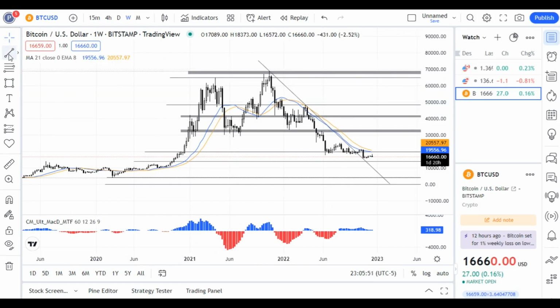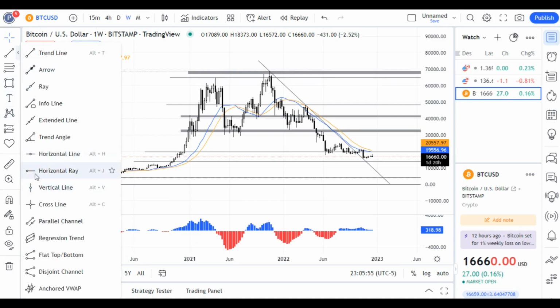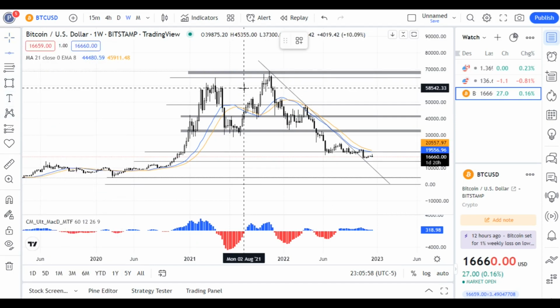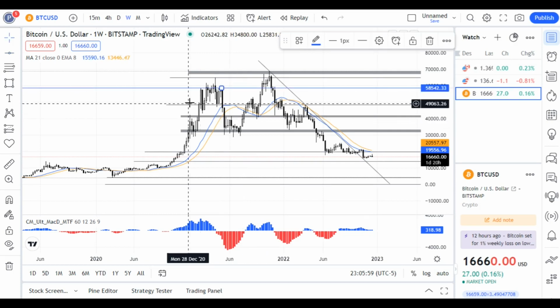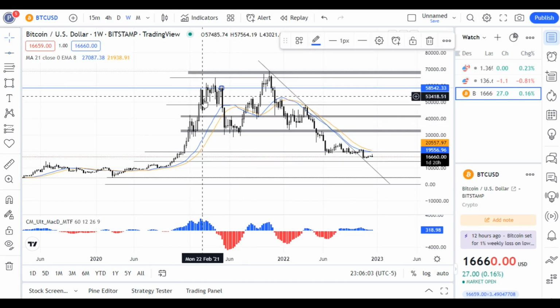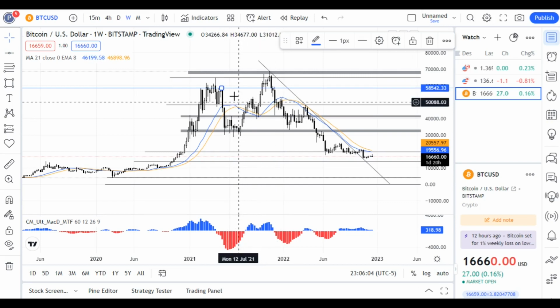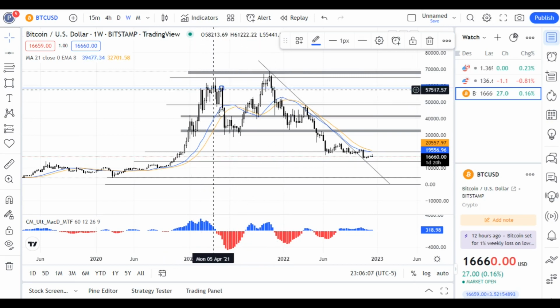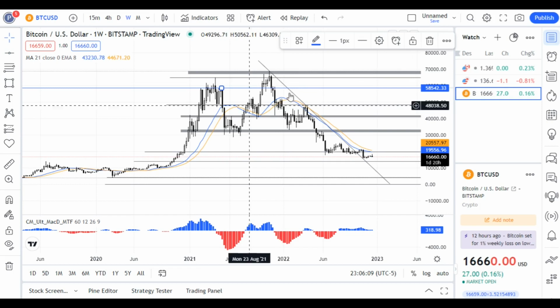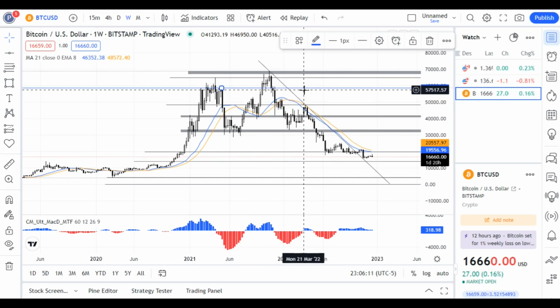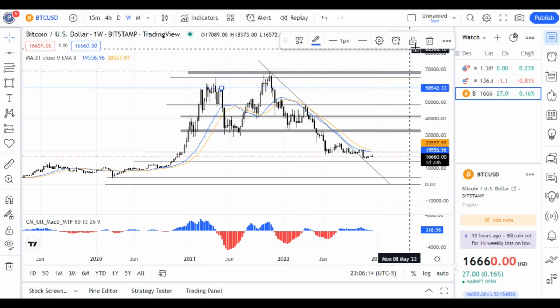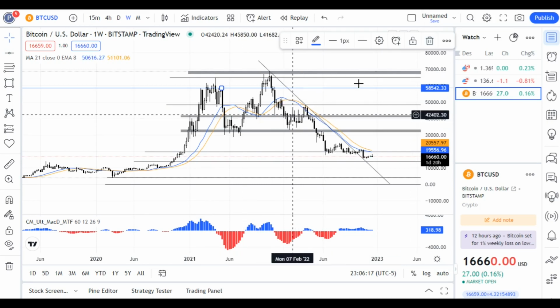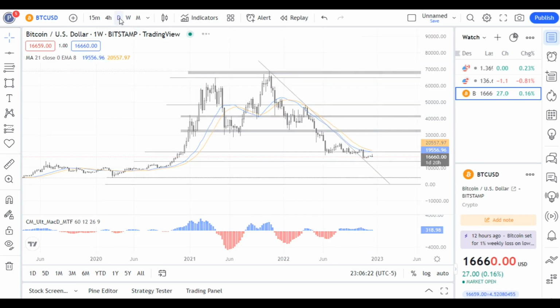You can see there is something here as well that we have to note. There's something here, and it's not that well visible in the weekly. It's more visible in the daily compared to the weekly. You can decide whether or not to draw it.